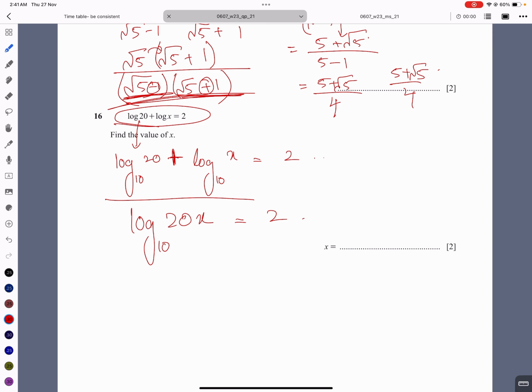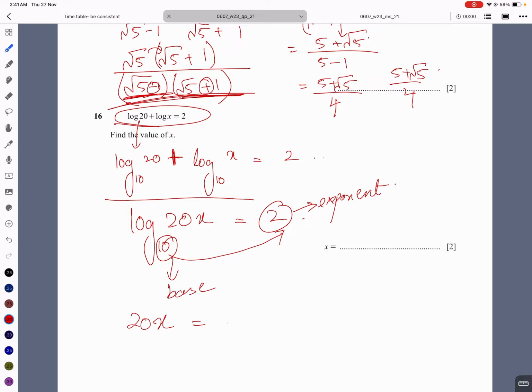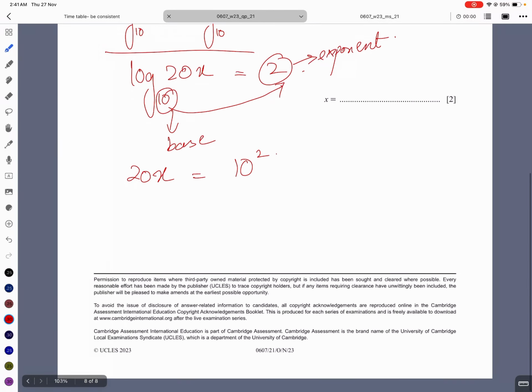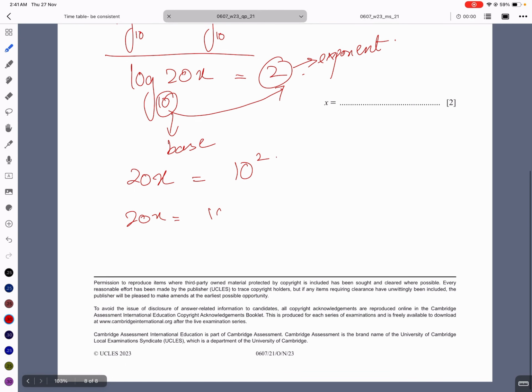Now you just use the rule of log. So you will make 10 go to the other side. This is the exponent, this is the base. So 20x will remain on this side, 10 power 2. 20x is equal to 100, so x is 100 over 20, which is 5.